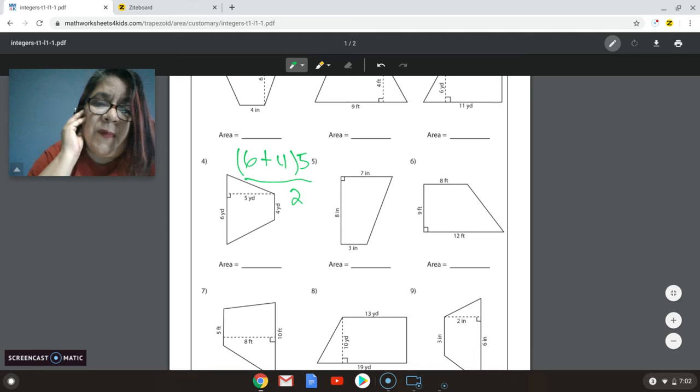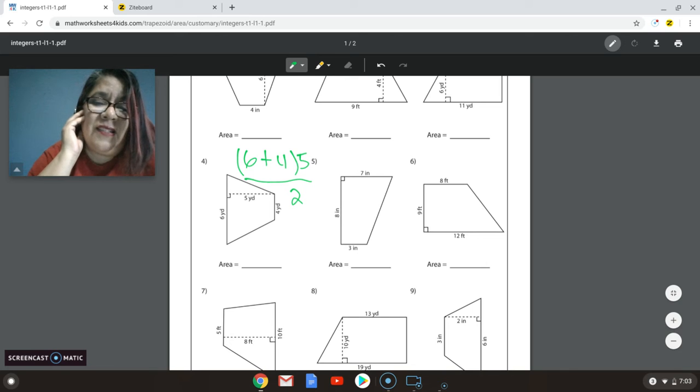Now, in order of operations, what's going to be the first thing that I do? Great. After I add my bases, what do I do next? Yes.